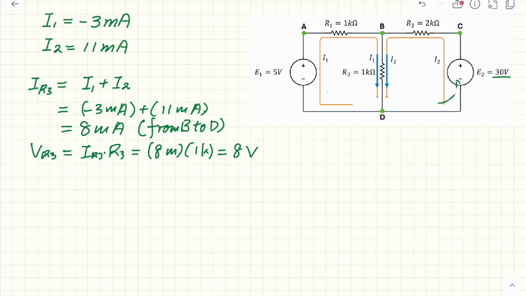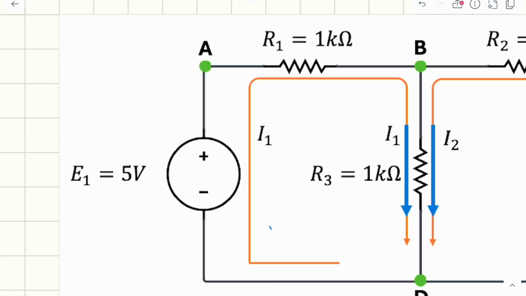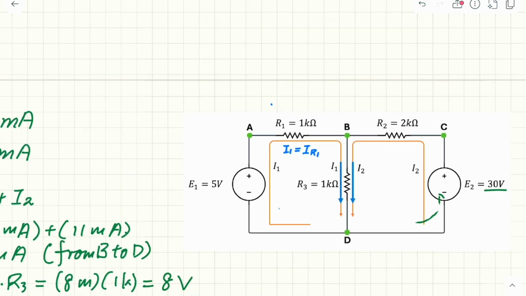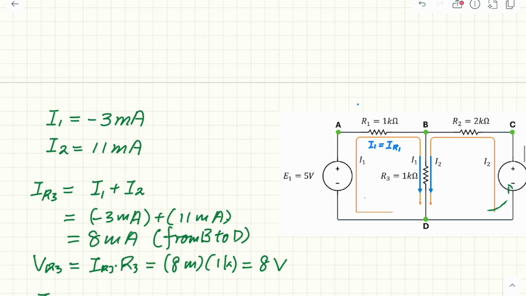Next, we want to calculate the current passing through resistor R1. So IR1, and if you look at the circuit diagram, the resistor R1 mesh current is the only current. So it means mesh current I1 is the current passing through R1. But remember, when we calculate the value of mesh current, it is negative 3M.